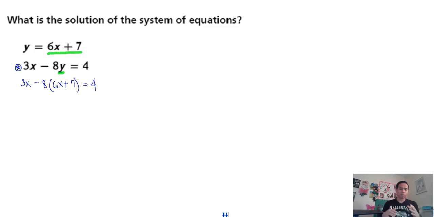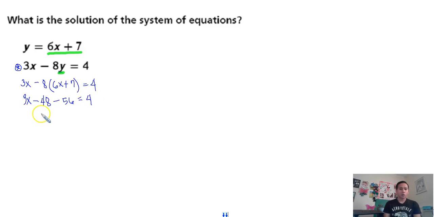From there you can do the distributive property and perform the operations as indicated. So we have 3x and then negative 8 times 6 is negative 48x, minus 7 times 8 is 56, is now equal to 4.